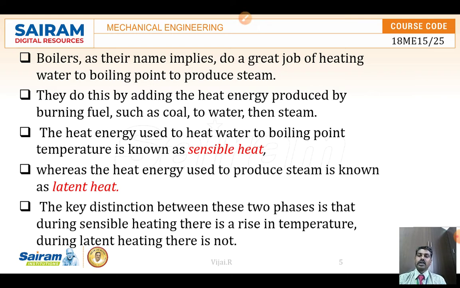There are so many applications of boilers out there, and boilers are classified into different types. Before that, we should know how steam is generated. Normally, heating is the process: heating water to its boiling temperature.